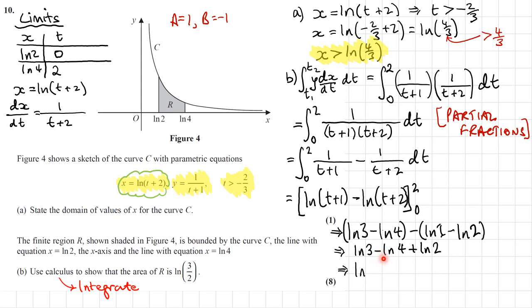That means divide, so I'll get log 3 divided by log 4 times log 2. So that becomes natural log of 6 over 4, which becomes natural log 3 over 2. Okay, which is what they want. So we've got that as required.